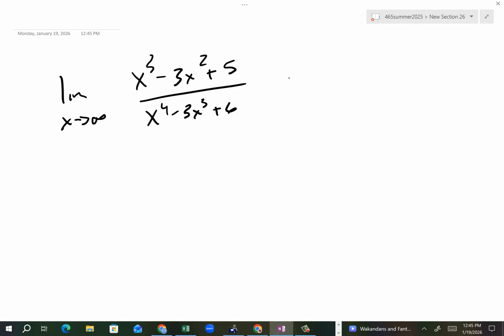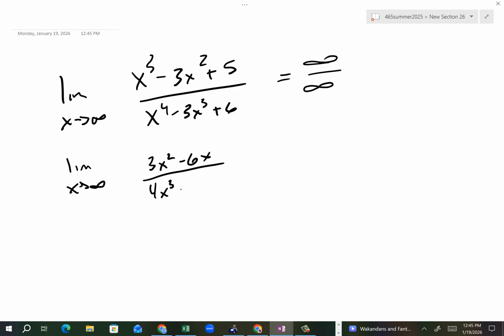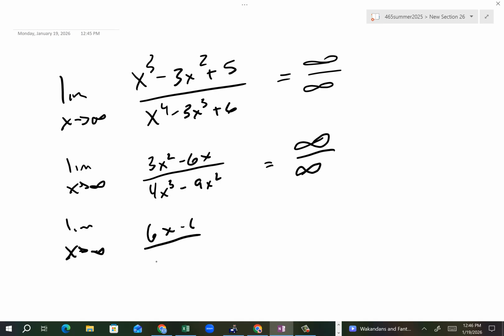You'll notice if you go infinity over infinity, that's indeterminate. So now let's take the limit as x approaches infinity of 3x squared minus 6x over 4x cubed minus 9x squared. Hey, look, it's infinity over infinity. Take the derivative. Take the limit as x approaches infinity of the top, 6x minus 6, over the bottom, 12x squared minus 18x.